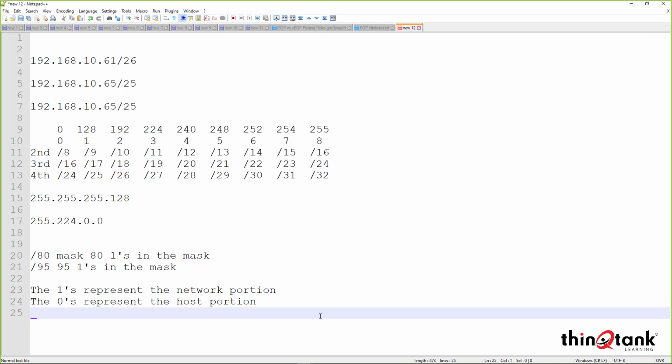Very important concept. If you look at a subnet mask, the ones in the mask always represent the network, the zeros in the mask always represent the hosts. Okay, and that applies to both IPv4 and IPv6.